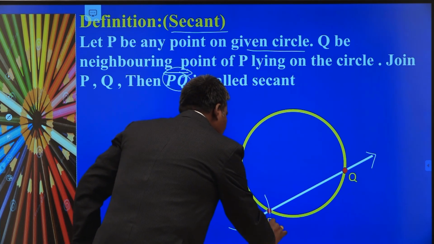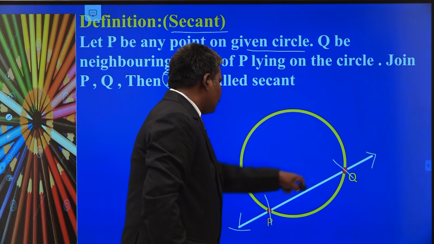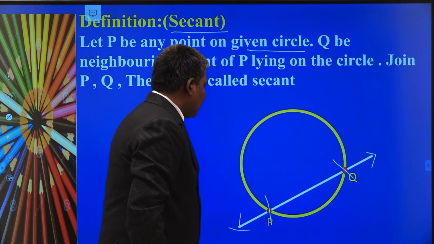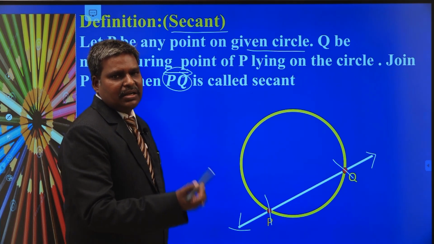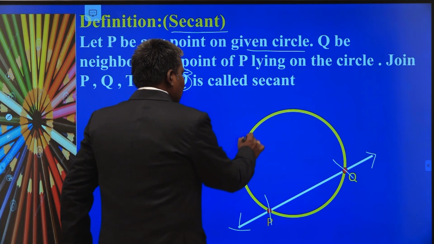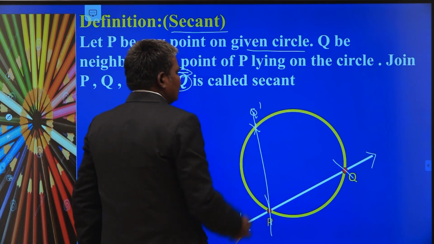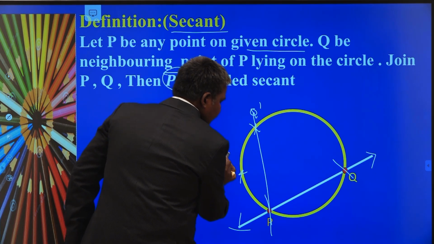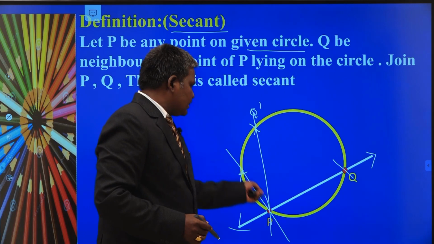Chord means here to here itself only. The line intersects the circle at P and Q. The segment PQ is called a chord, and the line is called a secant. This is the difference between the secant and chord of a circle. If you take another point Q dash and join like this, this is another secant.